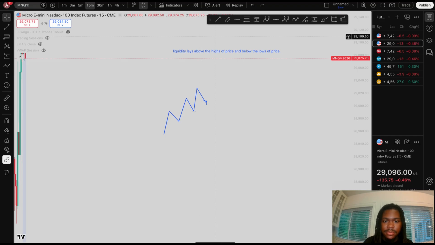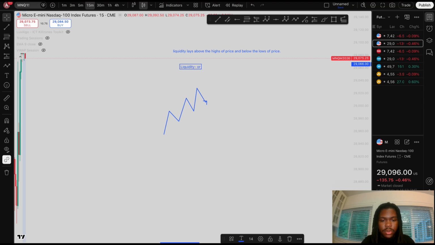So that's what liquidity is. Liquidity is orders, or liquidity orders that rest above highs in the market and below lows in the market.